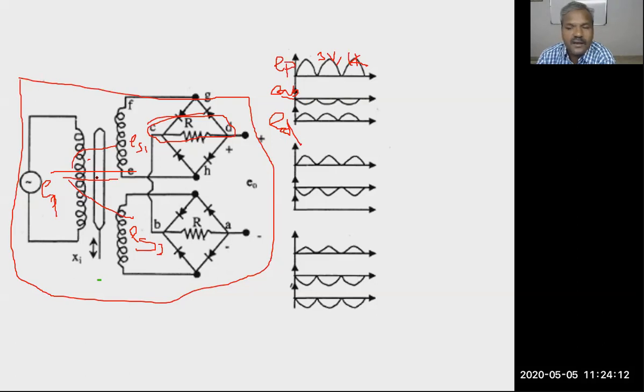Okay, this is ES2, this is ES1. When the core is at right extreme, this is excitation, this is your ES2, this is ES1. The EMF induced in ES1 is more.